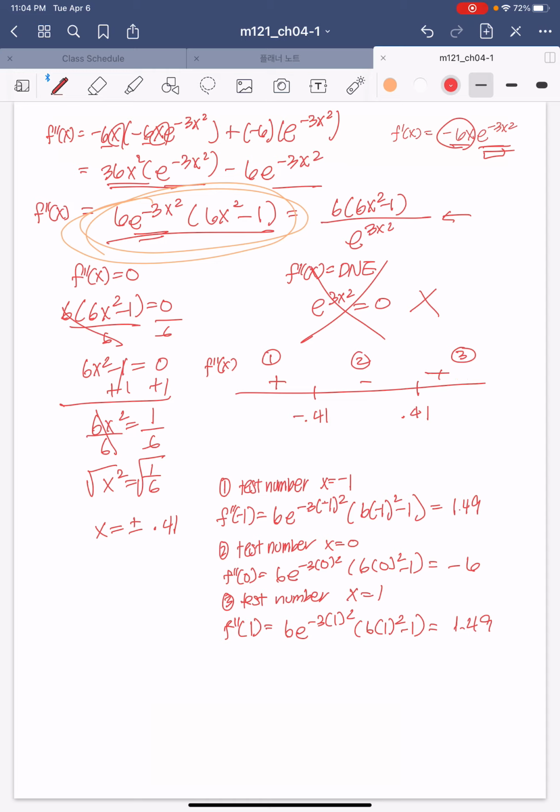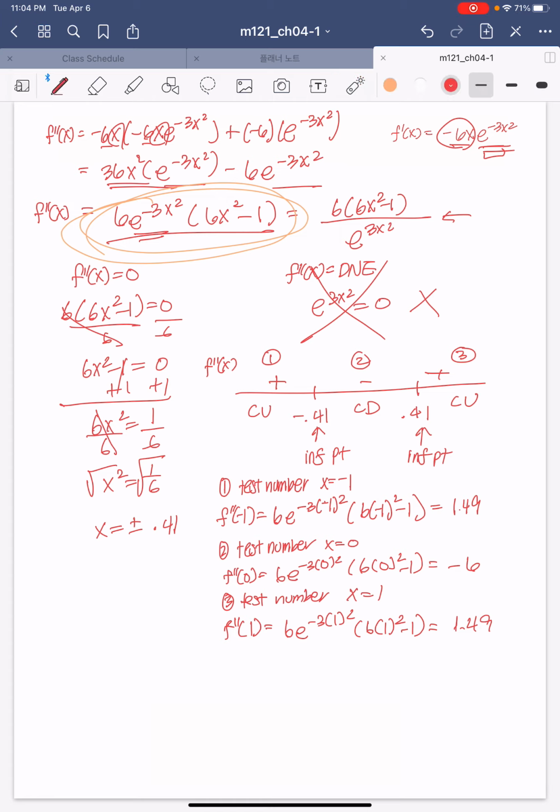That means I have concave up, concave down, concave up. This is one of my inflection points, and this also is my inflection point. Why? Because we have a sign change, positive to negative, and negative to positive. So we have two inflection points.